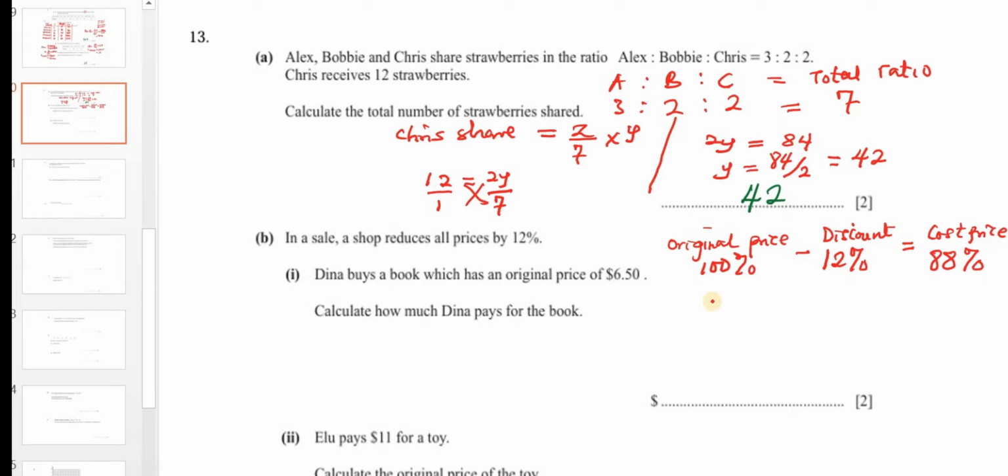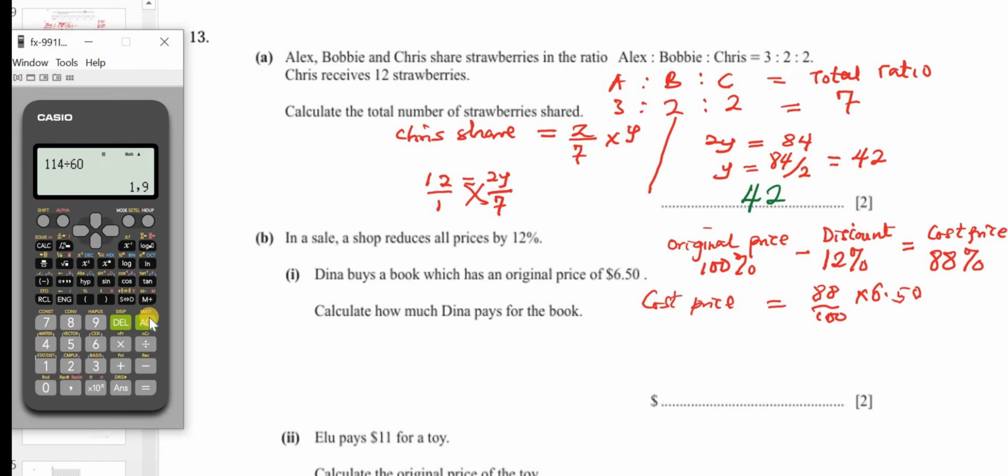So the cost price after the deduction will be equal to 88 over 100 times the original price, which is given here as 6.50. So this will be 88 times 6.50 divided by 100.